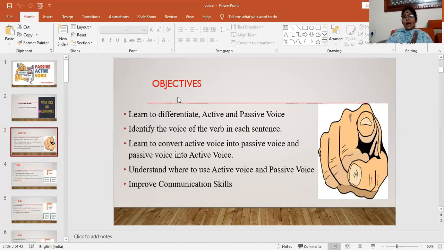So today, our objective will be to learn to differentiate at a higher level, right? You have been doing it earlier, but with simple sentences. Now you will learn to differentiate the active voice and passive voice at a higher level. You will be able to identify the voice of the verb in each sentence.